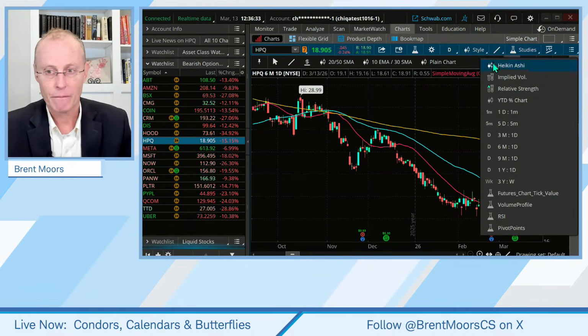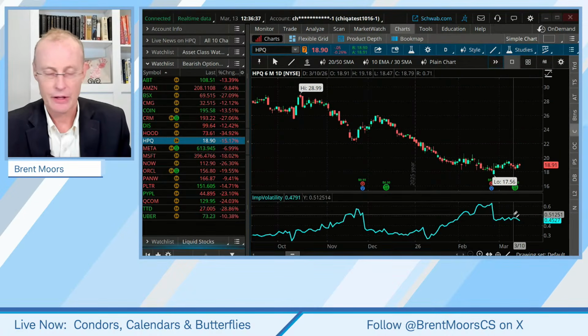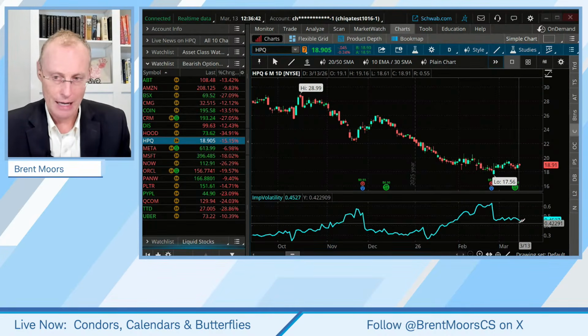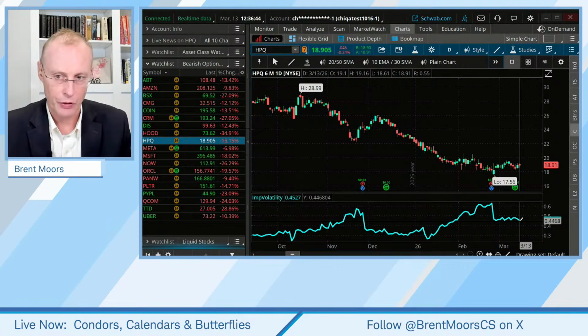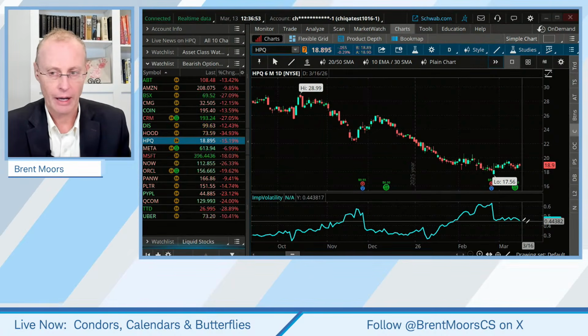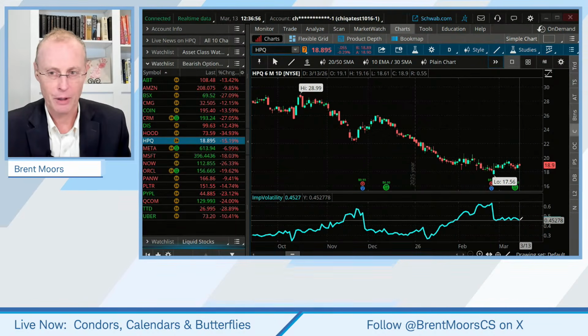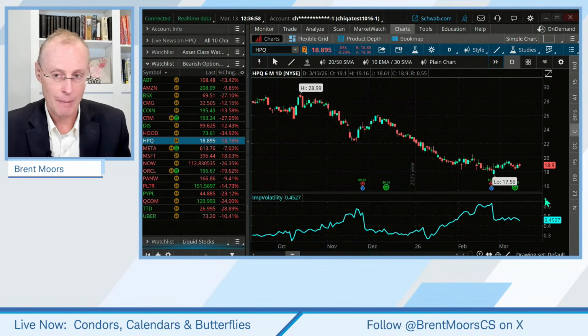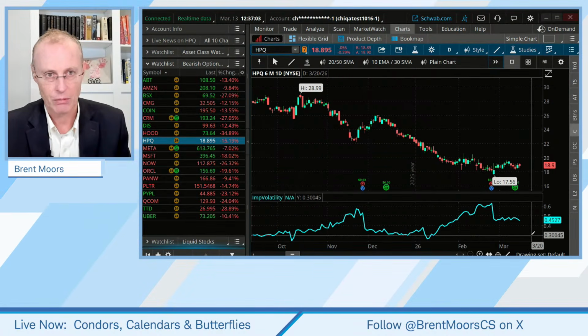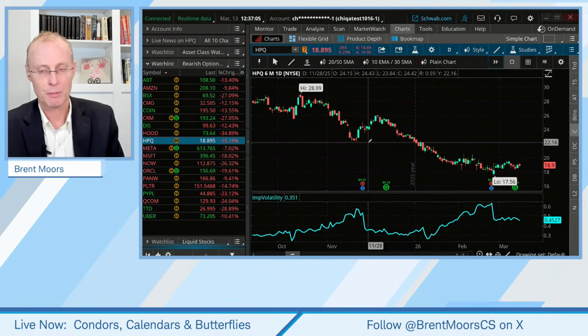But keep in mind, and this goes for butterflies too, it's not so much where we start with the implied volatility, it's where it goes. We can say we're selling a condor and I want to bring in those bigger premiums, but if the implied volatility just goes up, that defeats the purpose. Ideally, it's high, but it goes down. True with butterfly spreads as well.